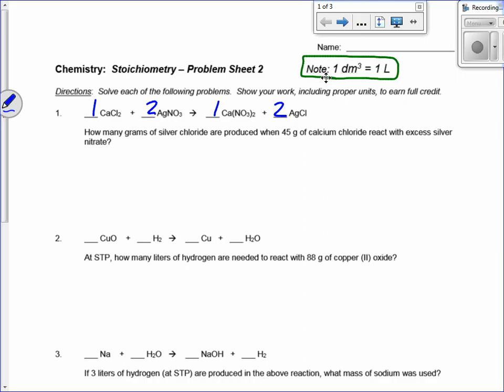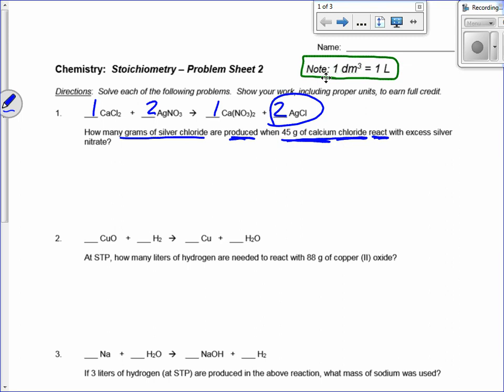Now we've got to figure out what we are starting with and which way we are working it. So it says, how many grams of silver chloride are produced when 45 grams of calcium chloride react.